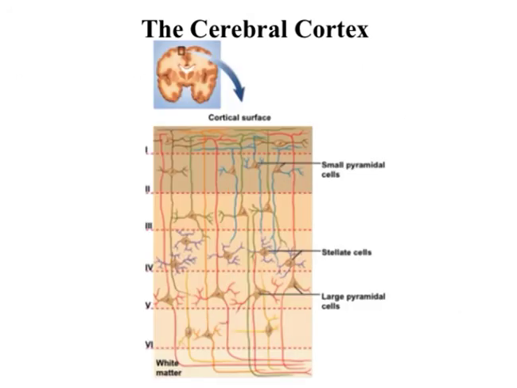If we look at the different layers of the cerebral cortex, what we find is that the youngest neurons are on the top, and as we descend into the cerebral cortex, the neurons are older.